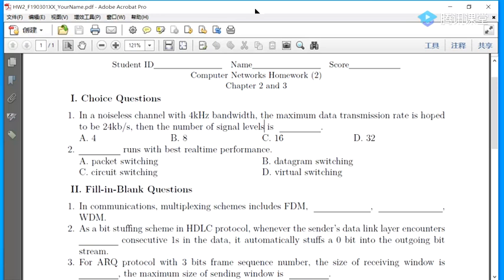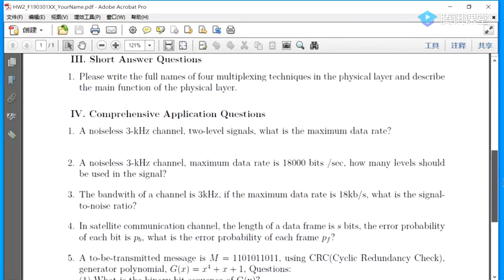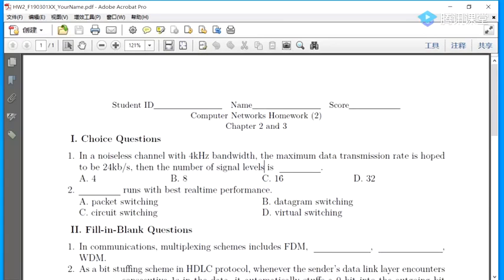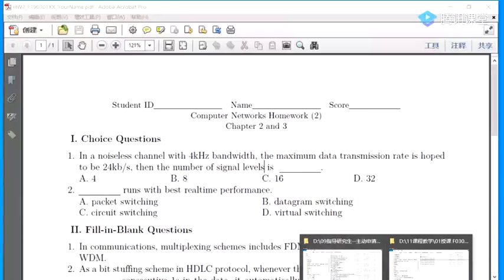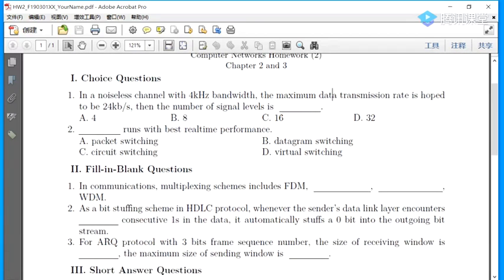Okay, it's different, right? Because if I don't explain the exercises or the homework, some students cannot know how to finish it.